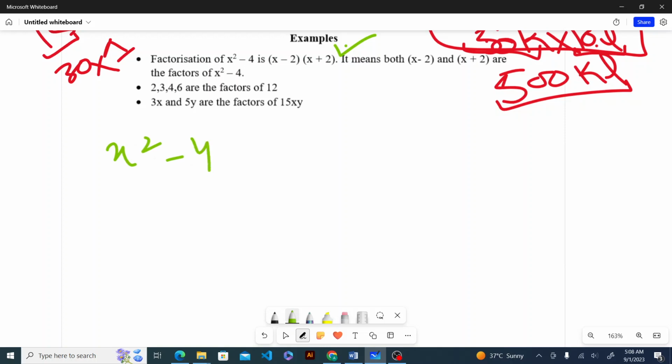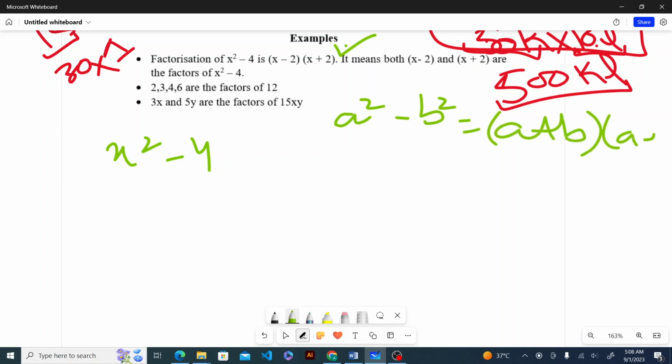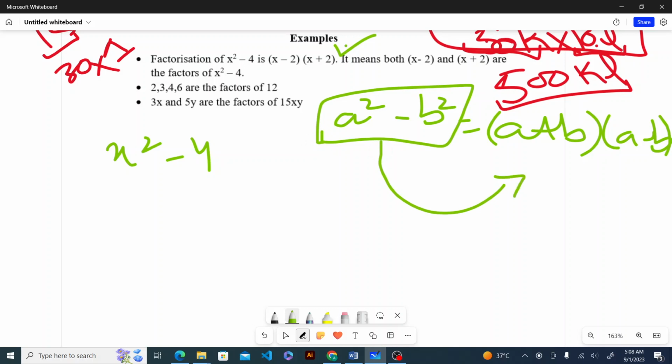So if you remember from a previous video in which I showed you the formulas for solving algebraic expressions, in that we have one formula, that was a square minus b square is equal to a plus b into a minus b. So what is this? This expression a square minus b square is being factorized here. This is factorized into its two factors.